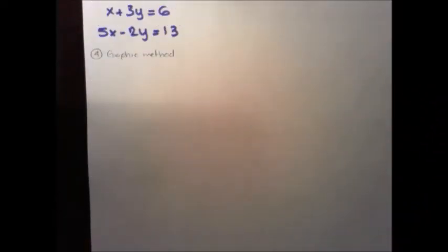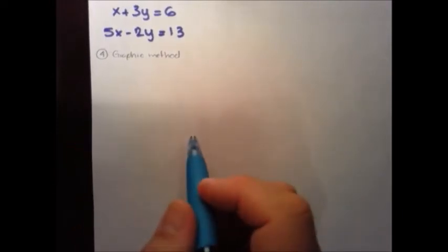Finally, I'm going to explain another method to get the solution, but this is not going to be an analytic way. This is going to be a graphic way. So this is going to be the graphic method.